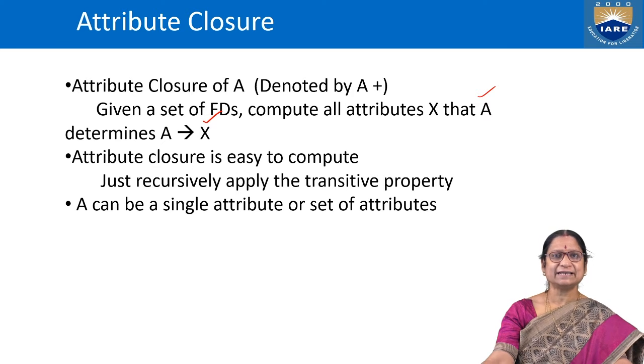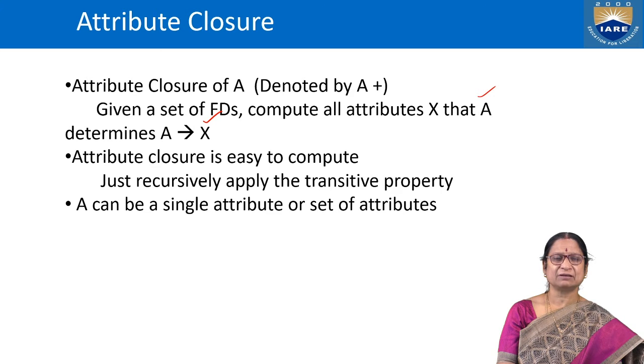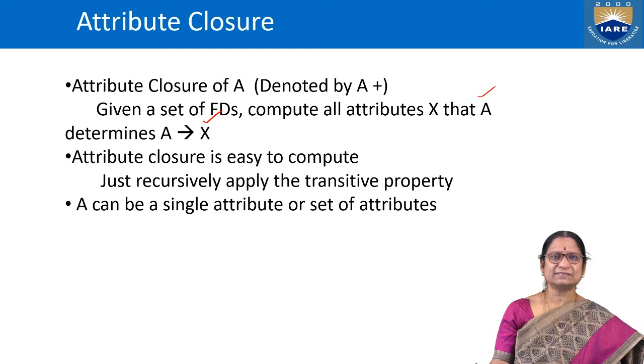That means in all these FDs the left hand side must be A and the right hand side must be some X. All those X attributes are known as the attribute closure of A. It can be computed easily by using a recursive procedure. Recursively, we apply transitive properties so that we can find the attribute closure. And A can be a single attribute or a set of attributes.